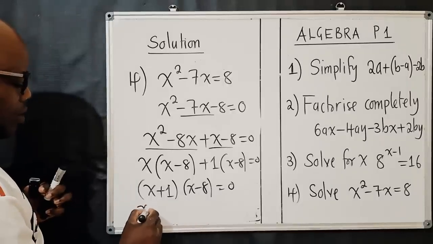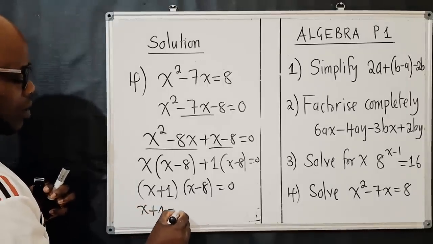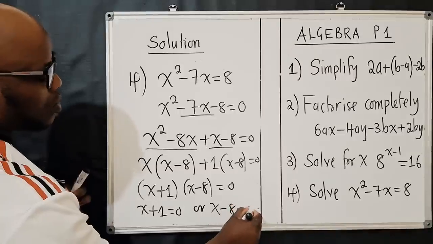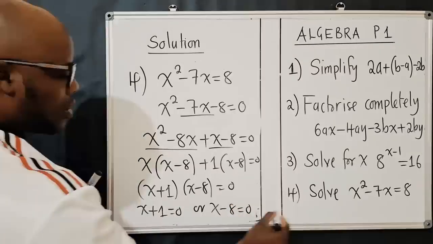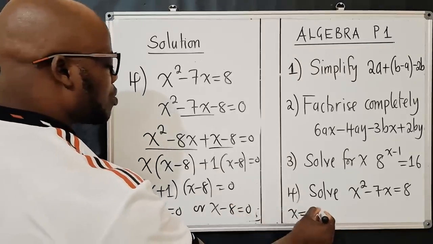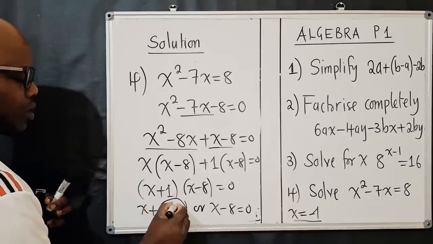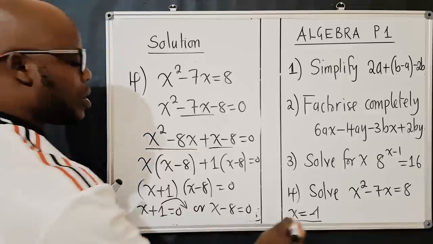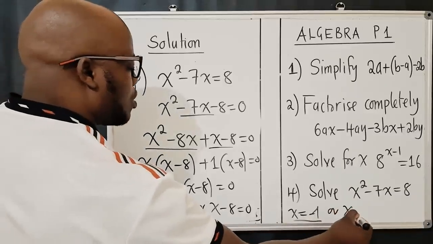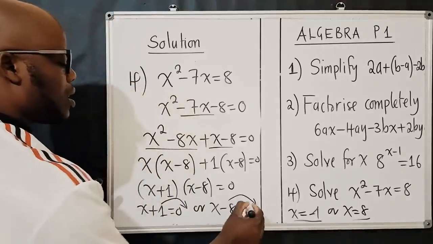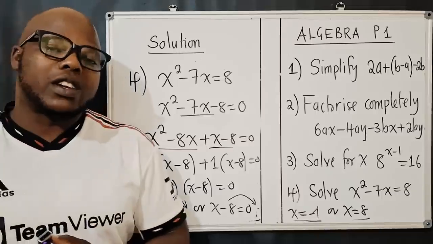So we can say x plus 1 is equal to 0, or x minus 8 is equal to 0. Now solving these, we're getting x is equal to negative 1 as one of the solutions. This 1 will come this side. It's positive, it will now be negative, or x will be equal to 8. This negative 8 will come this side. It will be positive 8.